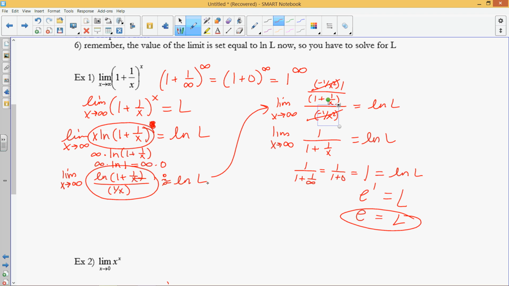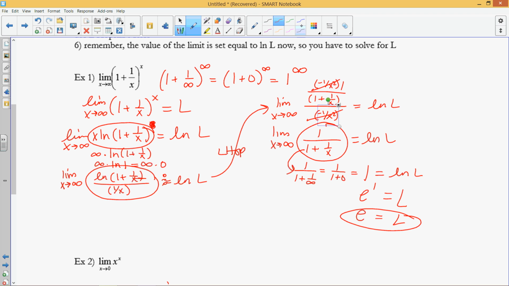So then I can do L'Hopital and take the derivative of the top and the bottom. I did that. I simplified. I got this. I plugged in the infinity, got 1, said, wait, that 1 is still set equal to ln L, solved for L, and got e.